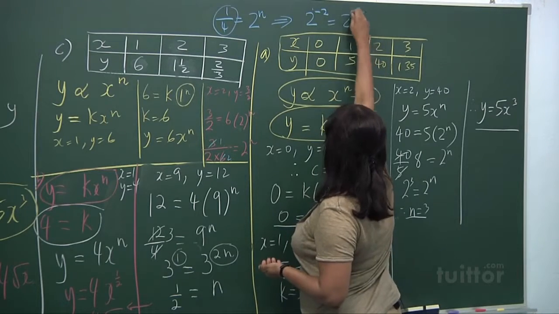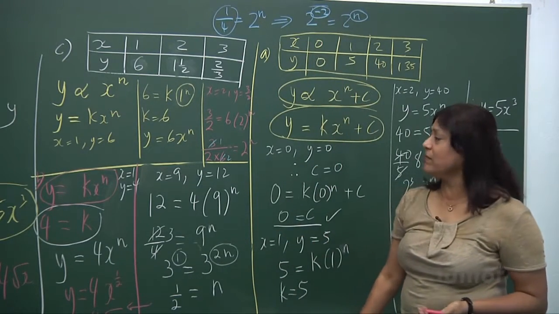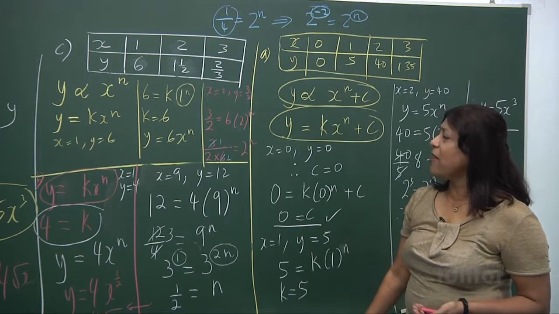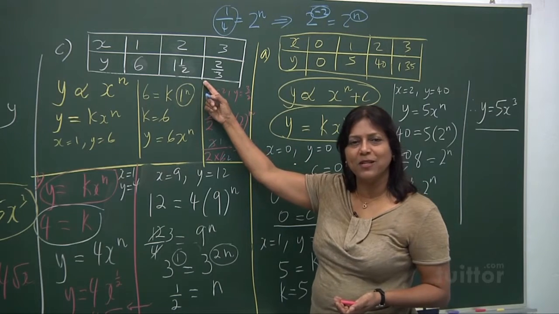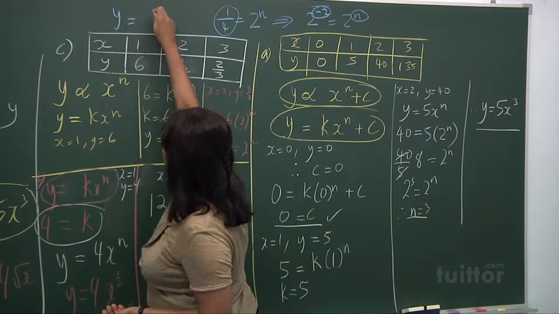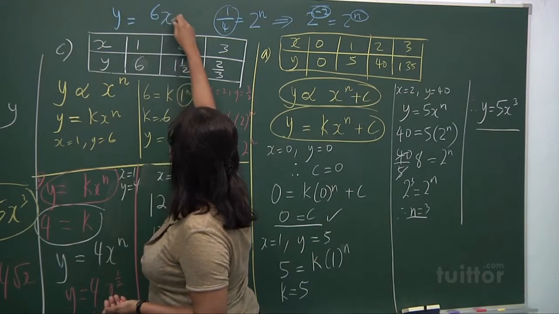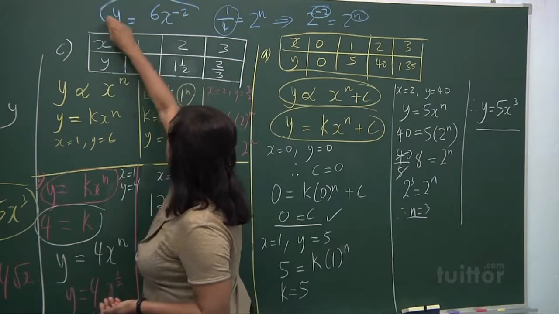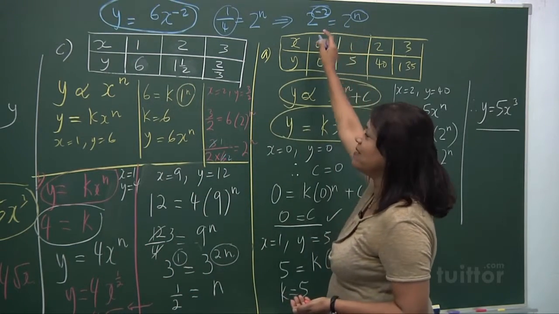And you can see that your n is minus 2. It's an inverse relationship. So therefore, what is the formula connecting it? Your y is equal to k, which is 6, and you've got x to the power n, which is minus 2. Alright, your n is minus 2.